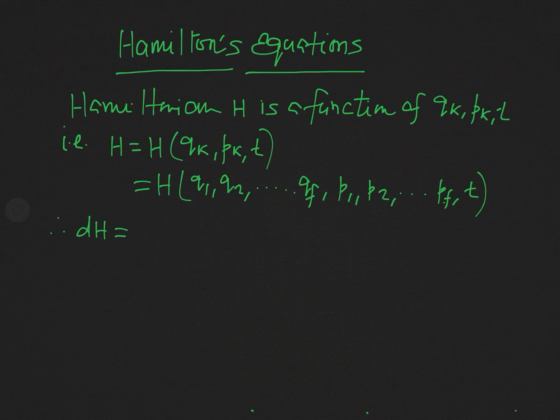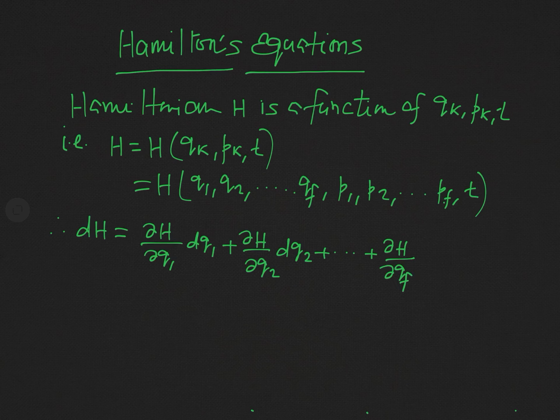So this will be del H by del q1 dq1 plus del H by del q2 dq2 plus so on plus del H by del qf dqf.